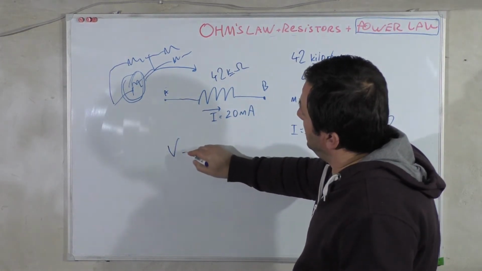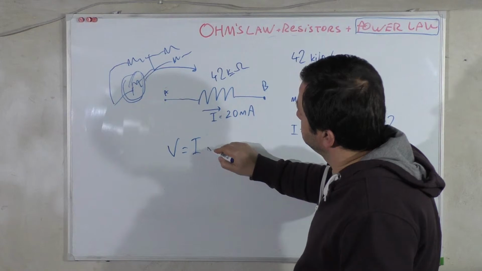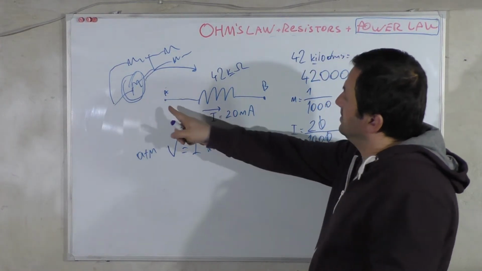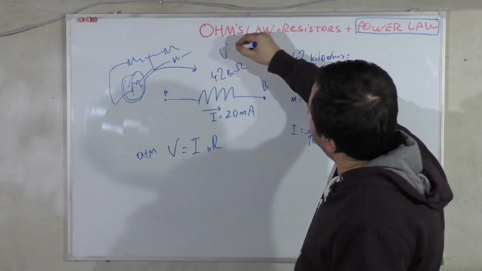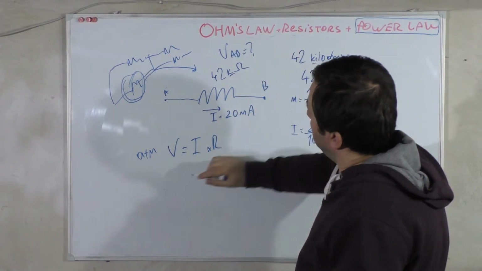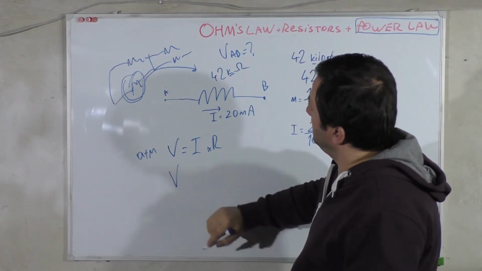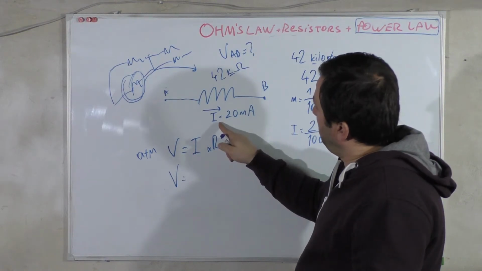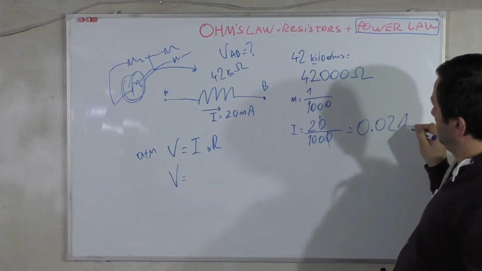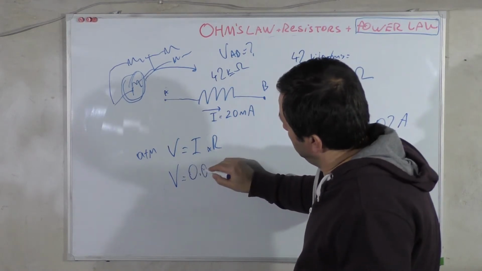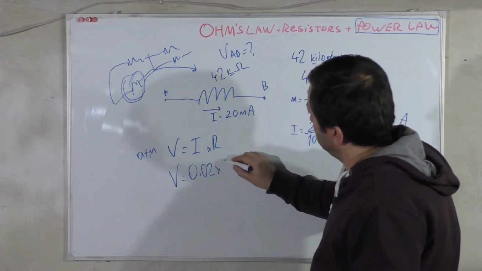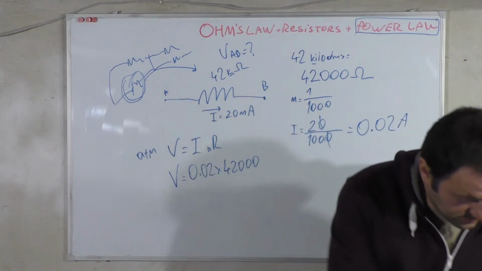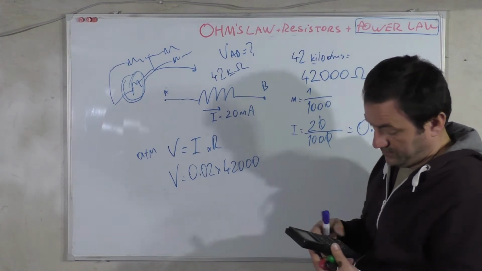So let us type Ohm's law. They are asking what the voltage between A and B is. So the voltage between A and B is equal to the current multiplied by the resistance. Let me use my calculator.